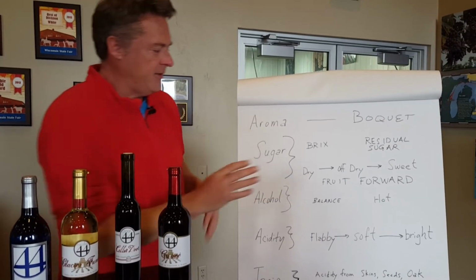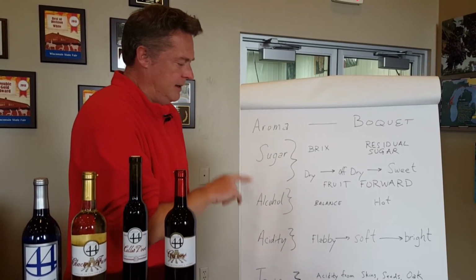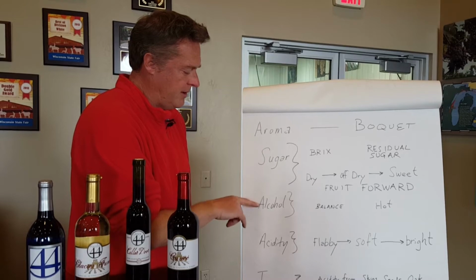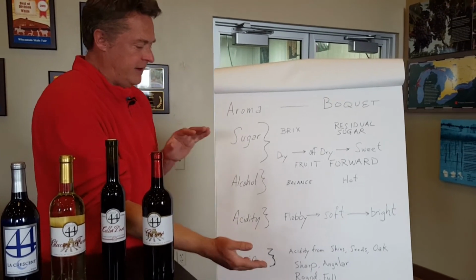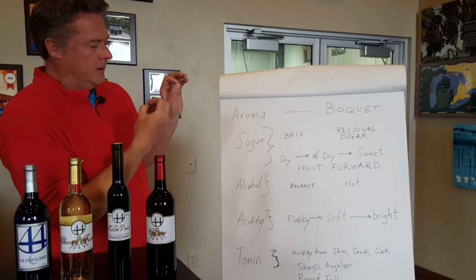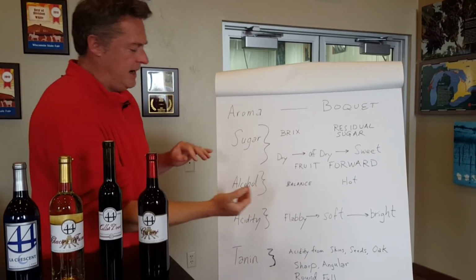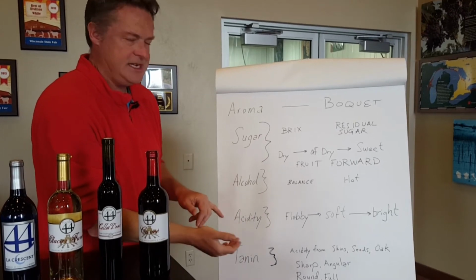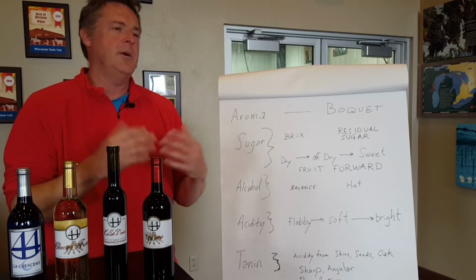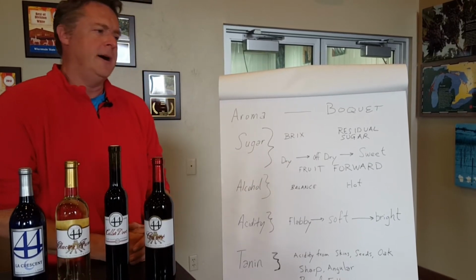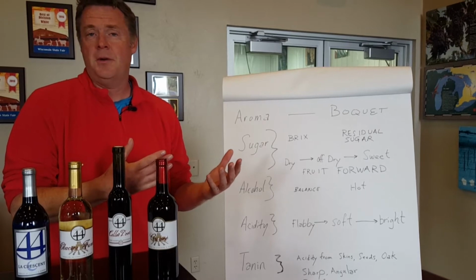And the key thing to remember about sugar is that the sweetness is probably affected more by alcohol, acidity, and tannin than these other three are affected by other things. Because what sugar is really doing is reacting to the alcohol, acidity, and tannin on your palate. People are often surprised to learn, when they say, well, I only like dry wines, I wouldn't like a Riesling, but they may also really enjoy Coca-Cola.